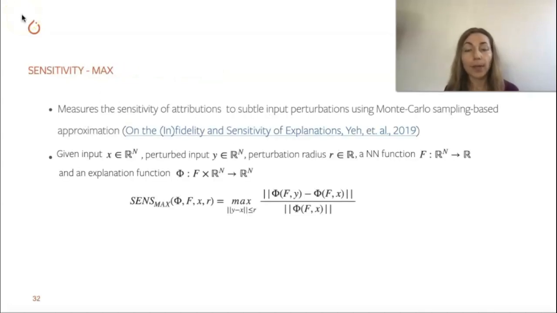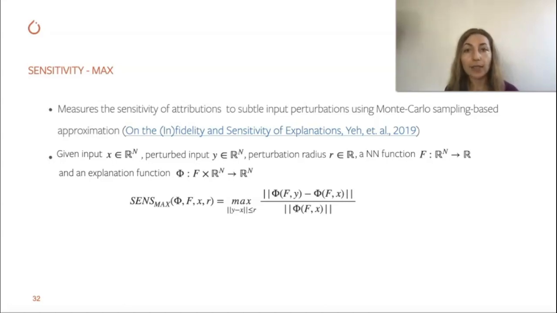Now let's talk about some quantitative evaluation metrics. Sensitivity max is one of those metrics. Sensitivity max is a metric that estimates the quality of explanations in terms of small input perturbations using Monte Carlo sampling-based approximation.